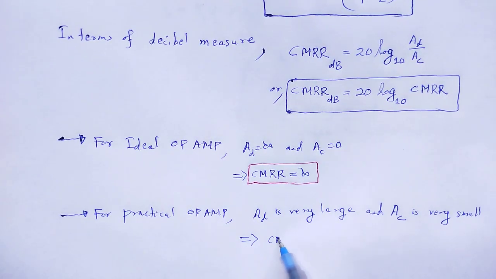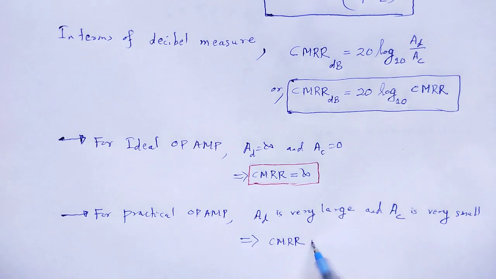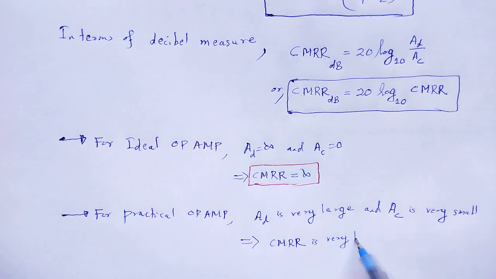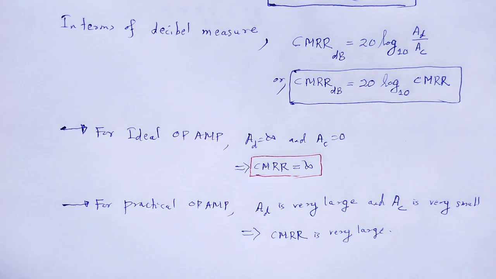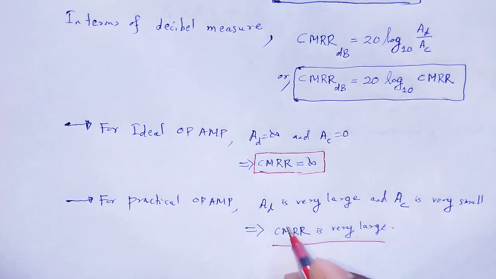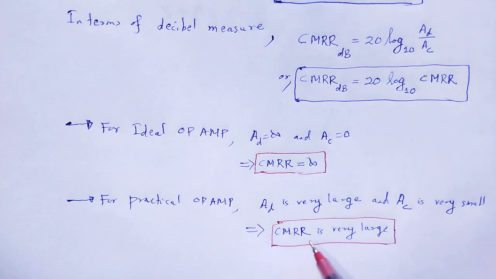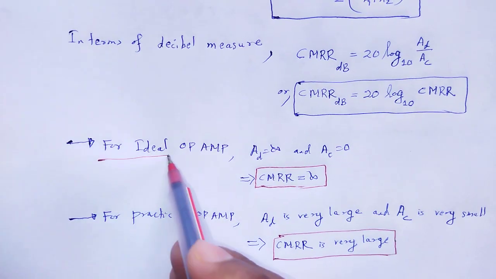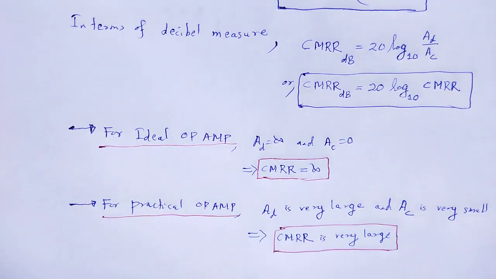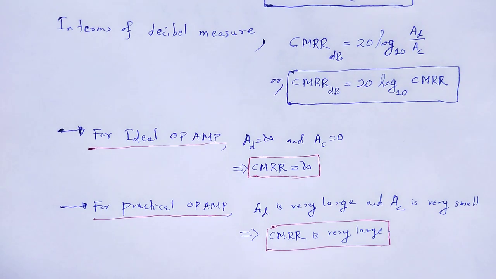Therefore, CMRR is very large. That is for the ideal op-amp, and this one is for the practical op-amp, the value of CMRR.